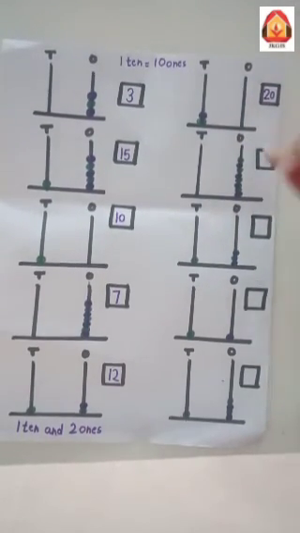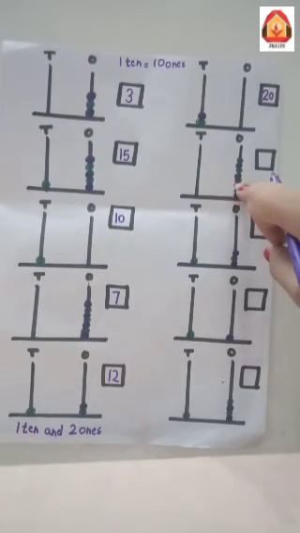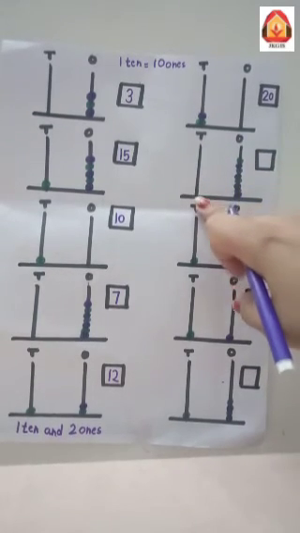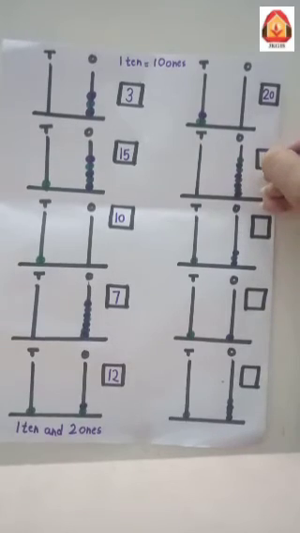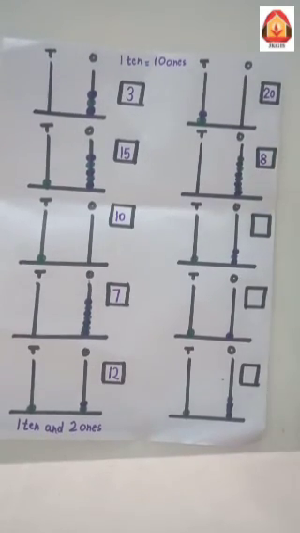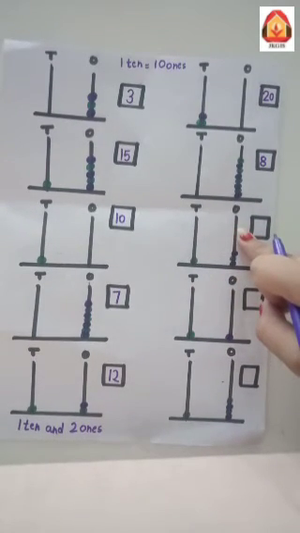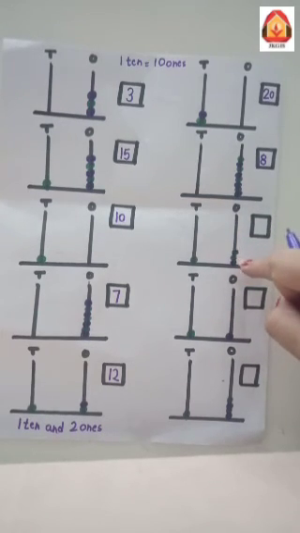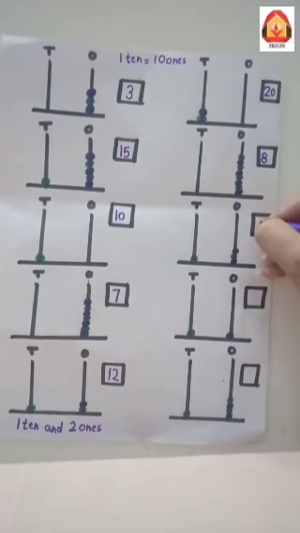Okay, next you can see in ones place we have 1, 2, 3, 4, 5, 6, 7, 8 beads and in tens place we have no beads. So we will write 8 here. Okay, now in this there are 1, 2, 3 in ones place and 1 in tens place. So 1 3, 13.